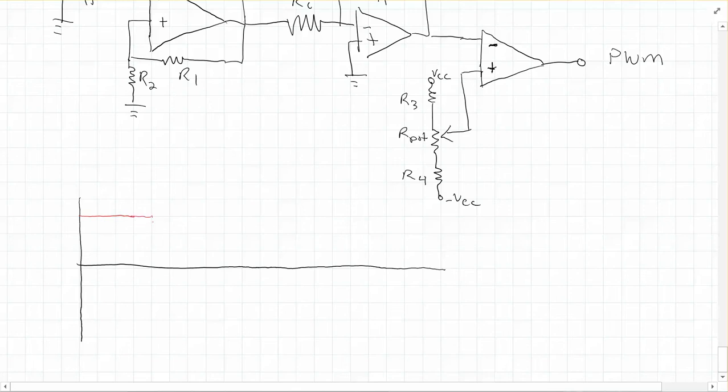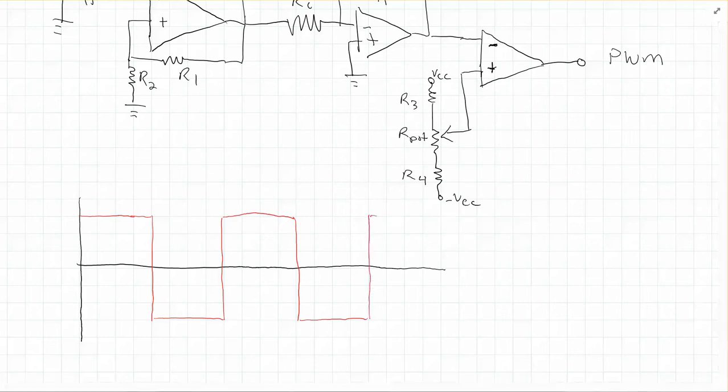I'll make this one 4 squares for my period. So this is the square wave off of my first stage. Then we integrated, and we'll just assume we got a nice, perfect integration here.